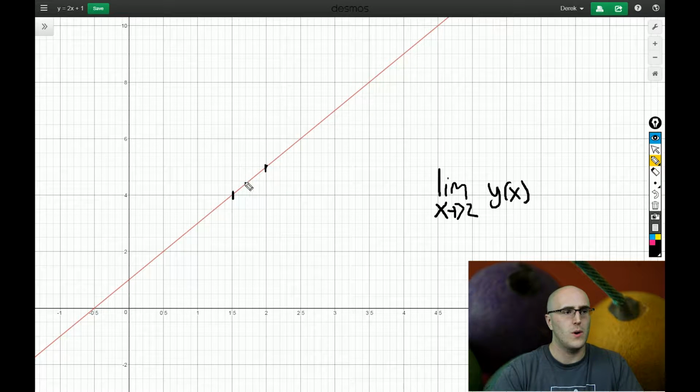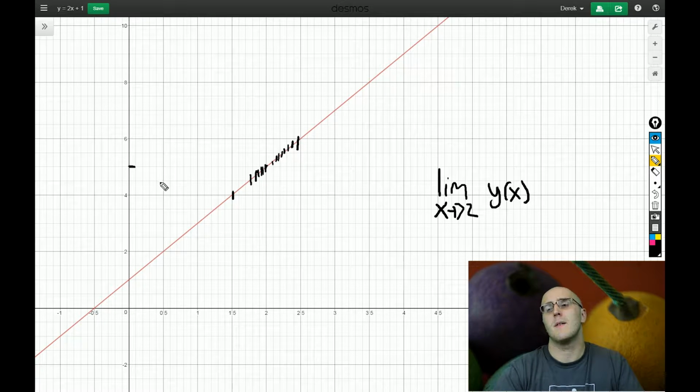If we plug in 1.75, we get 4.5. And as we pick values that are closer and closer to 2, we get closer and closer to our value 5. The same thing on the right side: if we start over here at 2.5, we get 6. And if we pick values that are closer and closer to 2, we get closer and closer to 5.